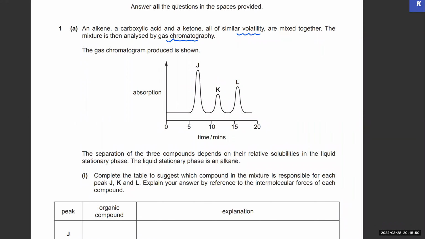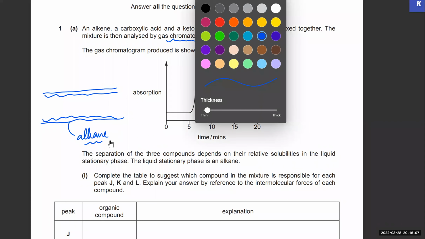So what he's saying is, the tube that you have, the liquid that is lining the tube is an alkane. So the first thing is, is alkane polar or non-polar? Okay, what type of intermolecular forces does it have?